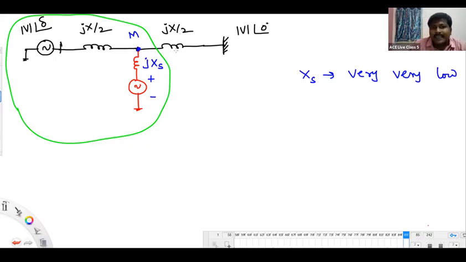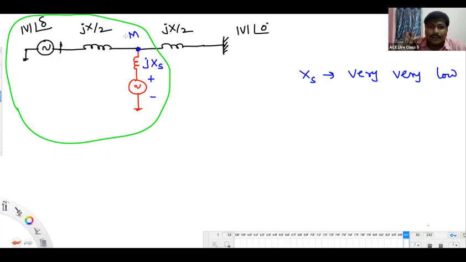The remaining part, jX by 2 and the infinite bus mod V at an angle 0, I will treat as a load. Only this part of the network we are going to consider now, and we want to replace it with a single voltage source in series with a reactance.